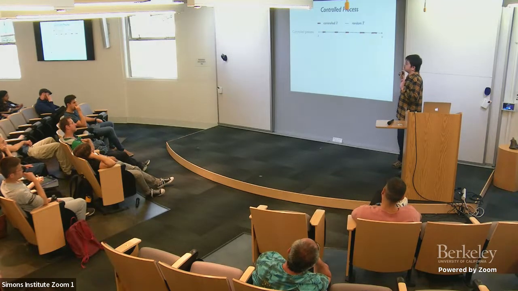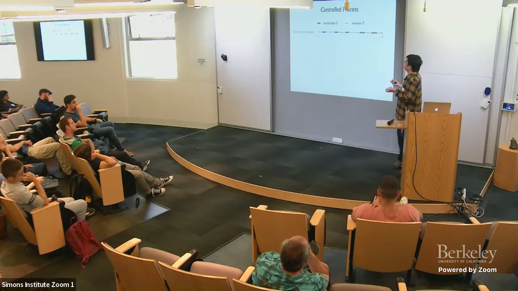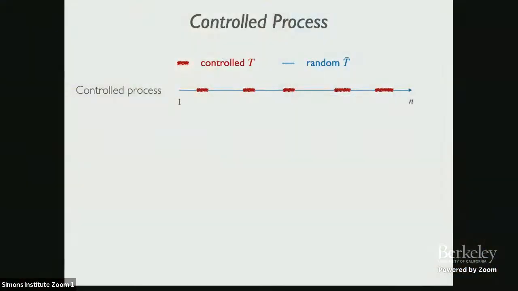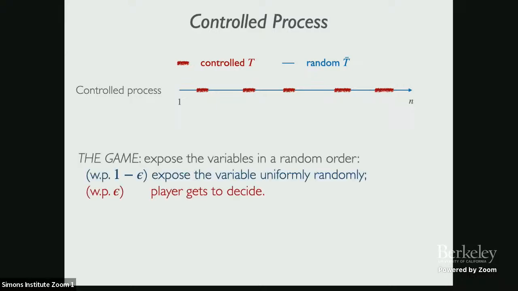So now we will change our perspective. We studied this so-called control process. It's going to be a bridge to connect our theorem and the random process we discussed so far. In particular, we are going to study the following game. Still, we are going to expose the variables in a random order.